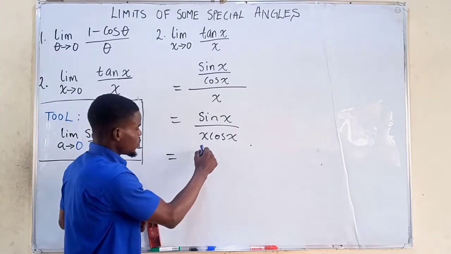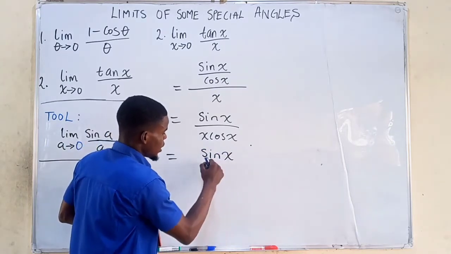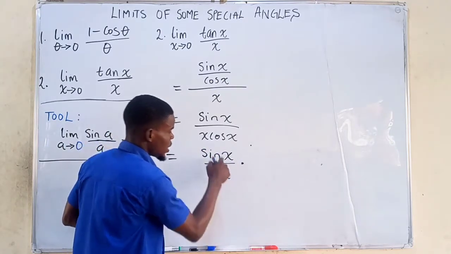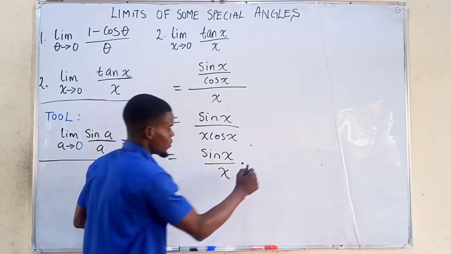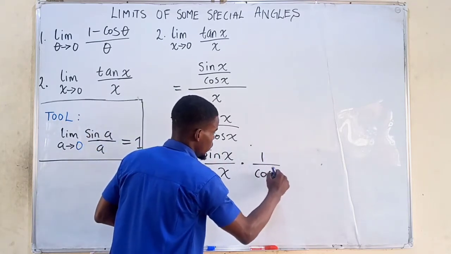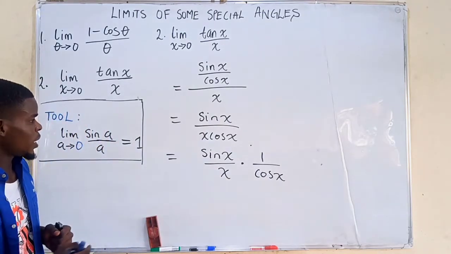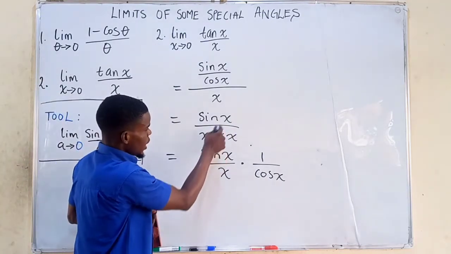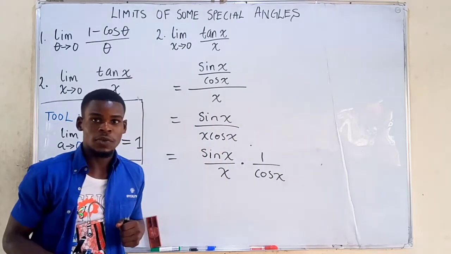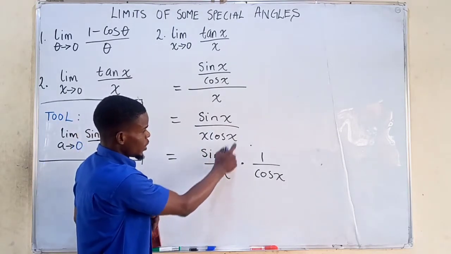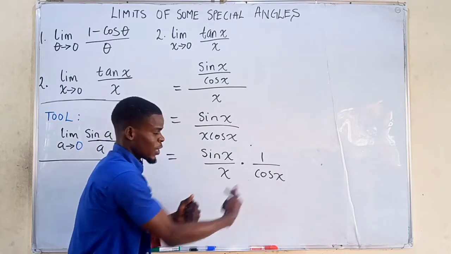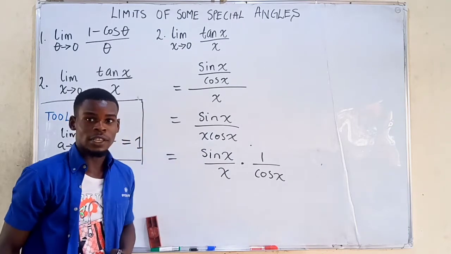This is sine of x divided by x times, I'm now going to push this 1 over cosine in front, 1 over cosine of x. So you see there's nothing really big there. This is sine x, given only the denominator x, and I'm now multiplying it with 1 over cosine. If you multiply these two fractions again, you're going to end up with what we had initially.